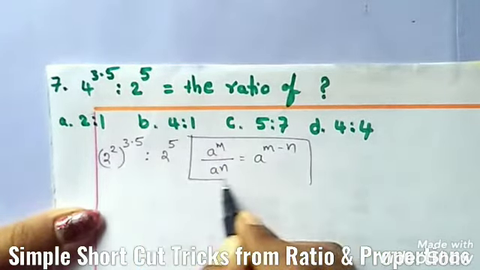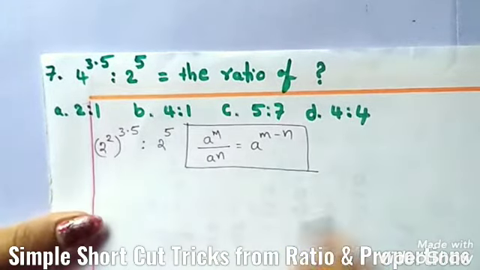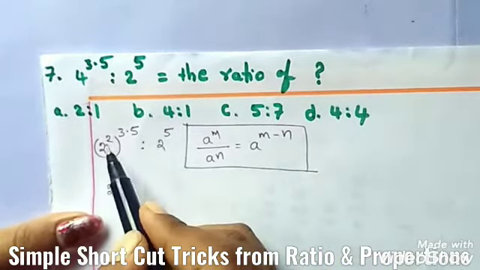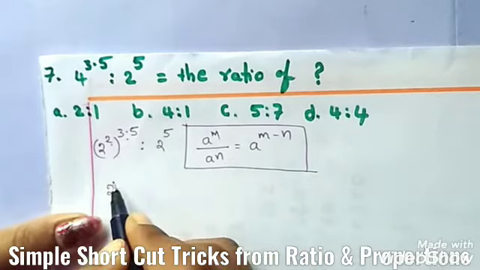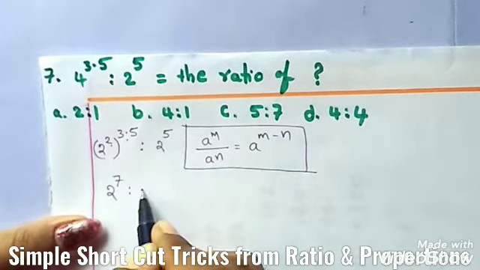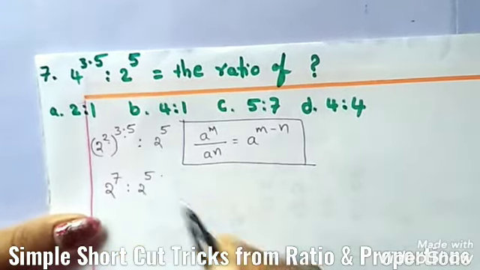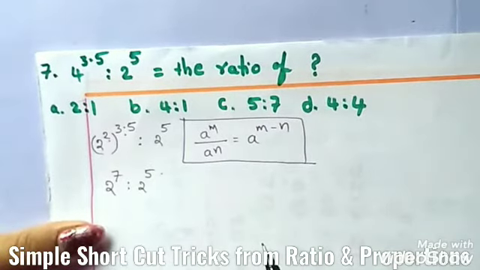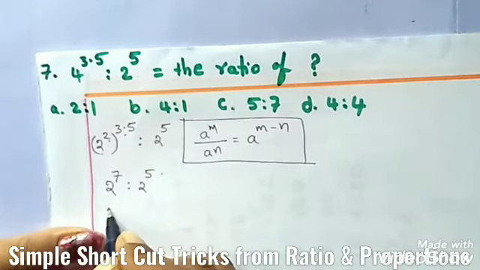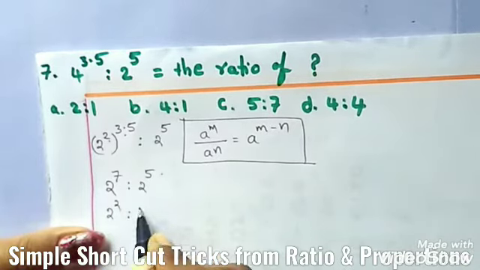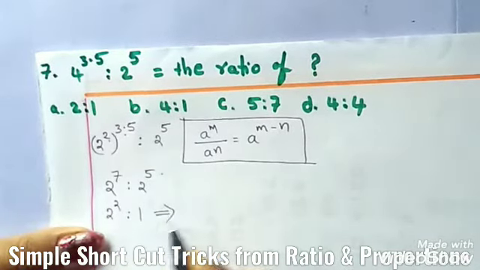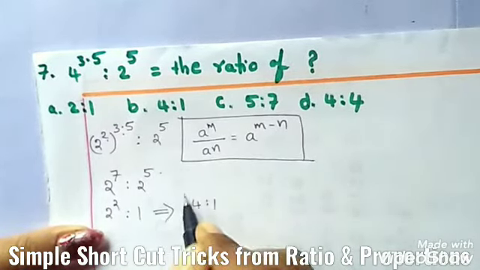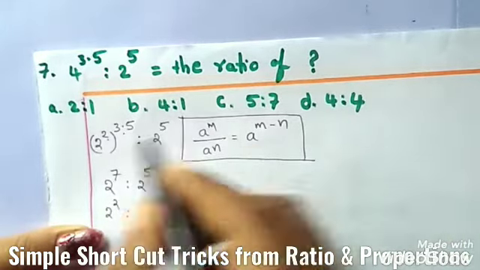Basing upon this formula, here 2 power 2 into 3.5, that should be 7, is to 2 power 5. Now here 2 square is to 1, that implies 4 is to 1, that is the answer.